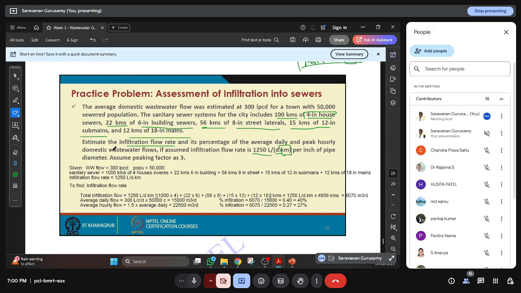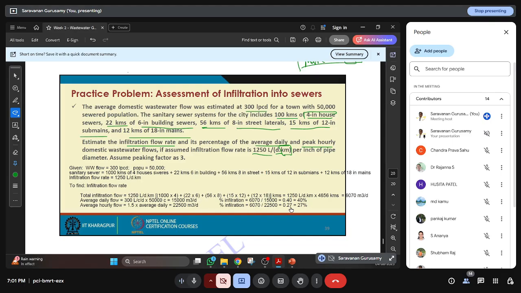Got it? They are asking what is the average daily and peak hourly. If you want average daily, you can take the 6070 infiltration rate and its percentage of average daily. So first I need to know the average daily. Average daily is 300 LPCD into 50,000 population. I'm getting 15,000 meter cube per day. If you take the ratio of these two, I will get 0.4 or 40%. For peak hourly I have to multiply 1.5 into average daily, then it is 22500 meter cube per day.